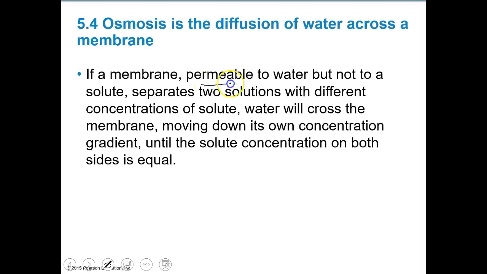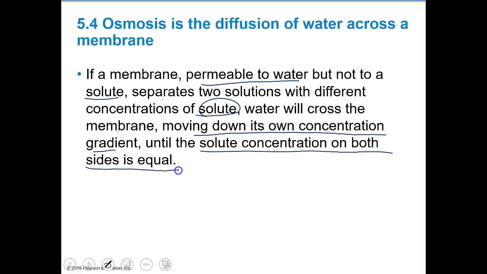If a membrane is permeable to water but not to a solute, and it separates two solutions with different concentrations of the solute, so remember, a solute is something that you dissolve in a solvent or in water. So this is the stuff in water. Okay, so water will cross the membrane because it's permeable to water, and it'll move down its own concentration gradient until solute concentration on both sides is equal.